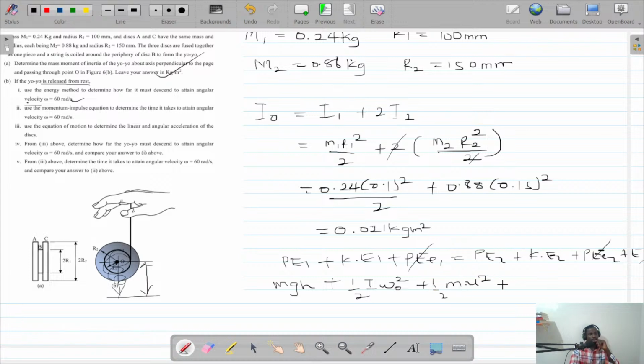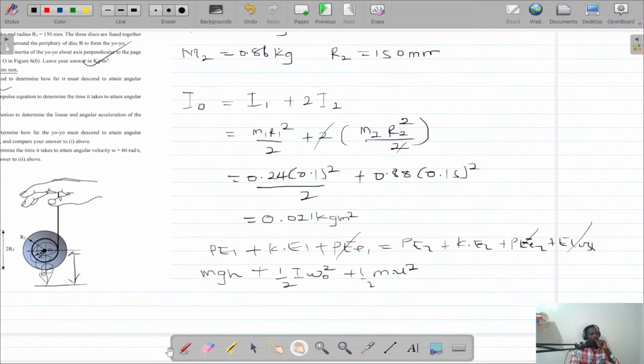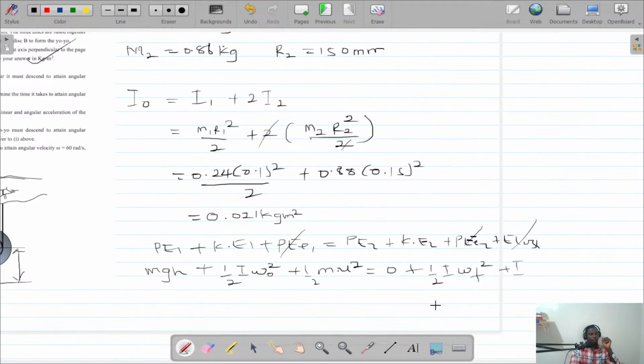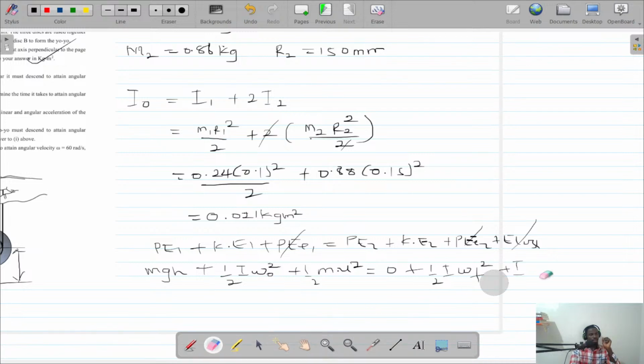should be equal to potential energy 2, where the body will stop, so that should be 0, plus kinetic energy, half I omega final squared plus half m v squared over here.